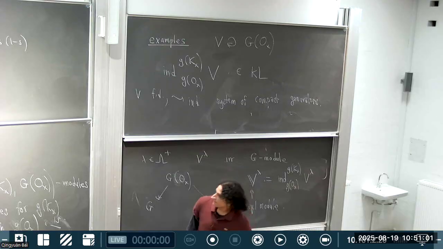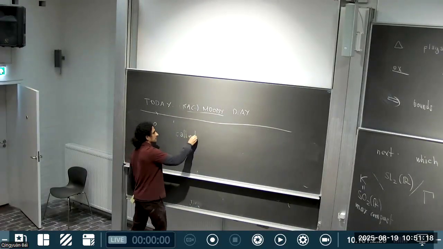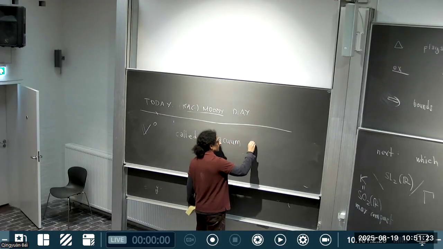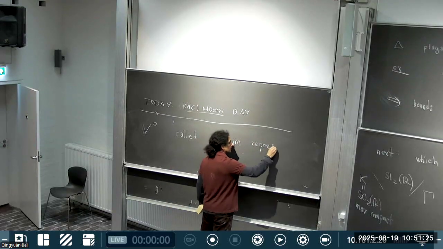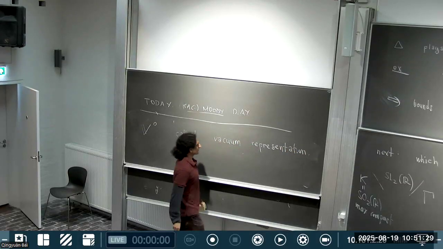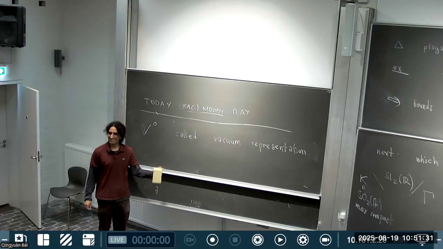And one very special one, V zero, is called the vacuum. You'll learn why it's very special.